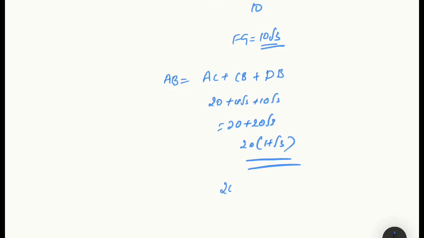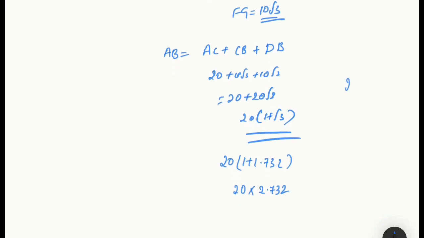This will be equal to 20 into 1 plus 1.732, that is 20 into 2.732. So 2.732 into 2, 2 2s are 4 plus 1, 5. So getting 54.64 as the answer.